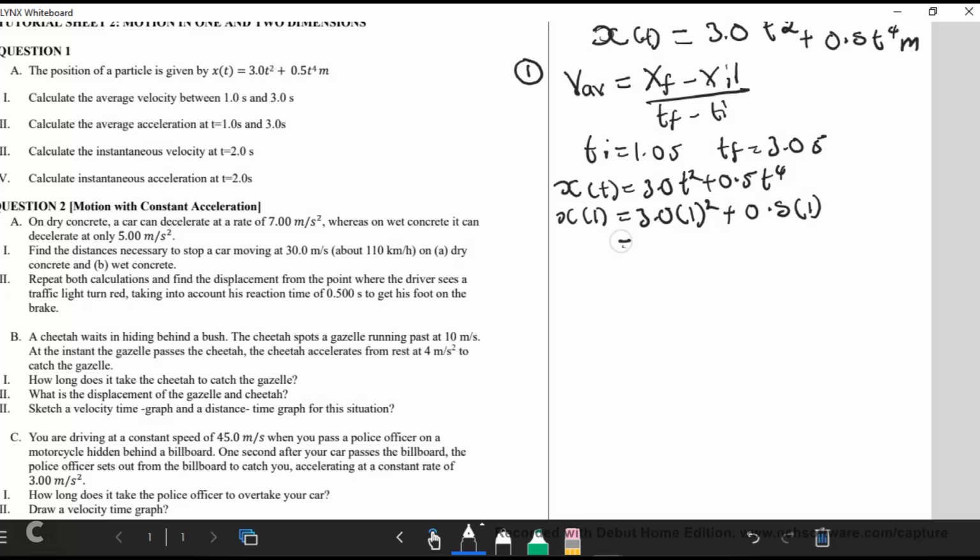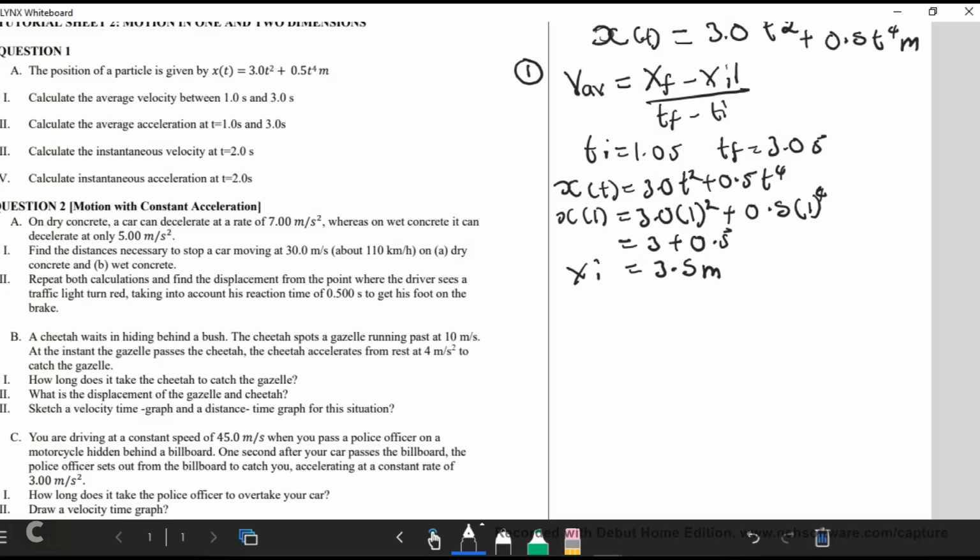Such that you have 3 here, because this is 1 times 1, it will just give you 3, plus this times 1, which is to the power 4 here, right? When you say 1 times 1 times 1, it will be 0.5. Your answer will be 3.5 meters. So this is your initial displacement.